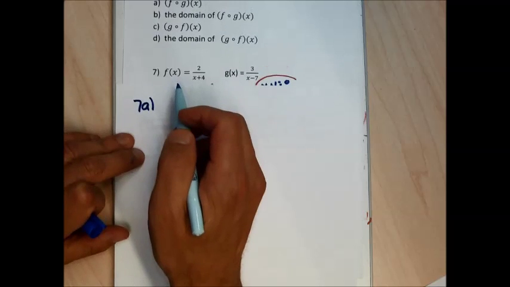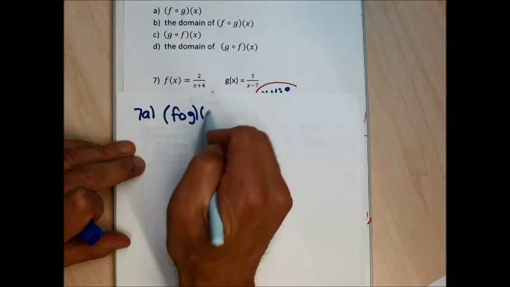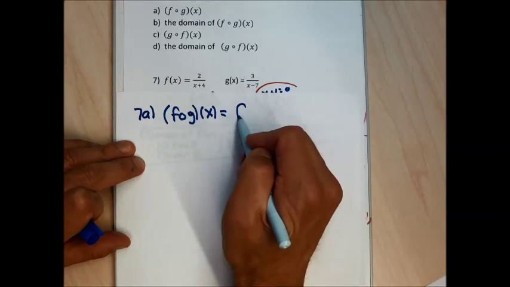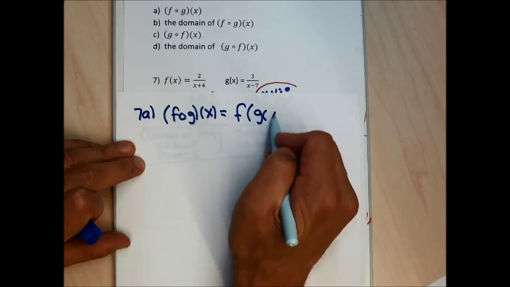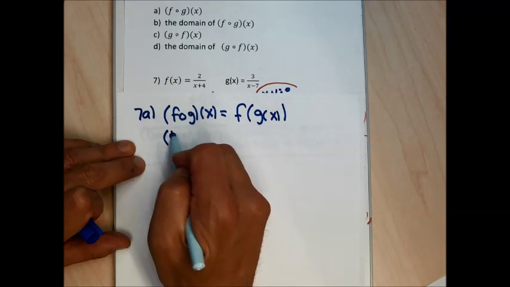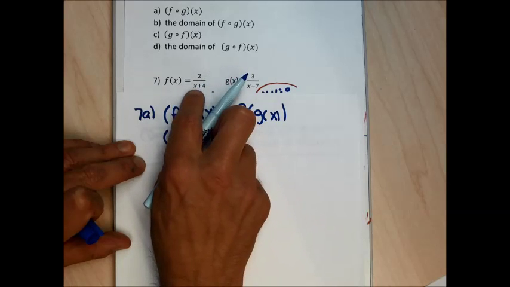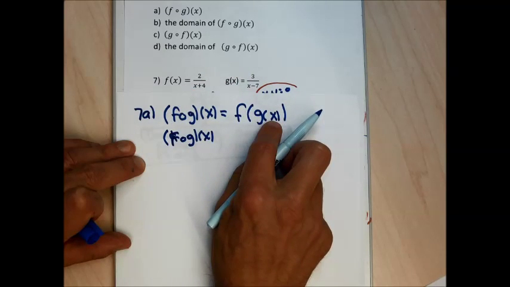7a wants me to find f composed with g of x. I know that that means to find f of g of x. And that means to go to the f function. Your f function is 2 over x plus 4, and to change the x to g of x.